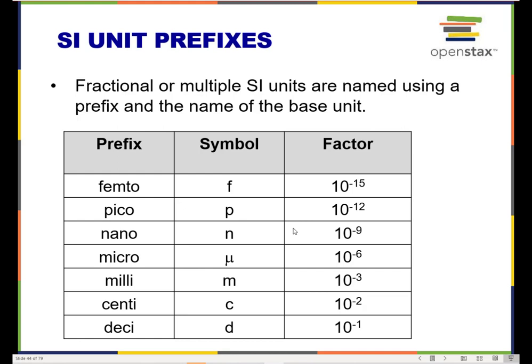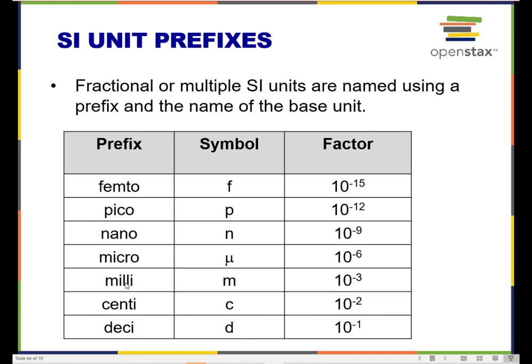So to make these units bigger or smaller, we can stick with a meter. A meter is about 3 feet, right? Well, I can add these prefixes in front of meter to change how big the meter is. So if I have a centimeter, then there are 100 centimeters in a meter.